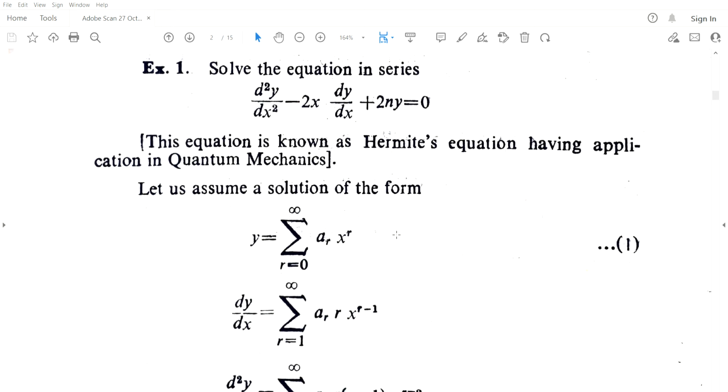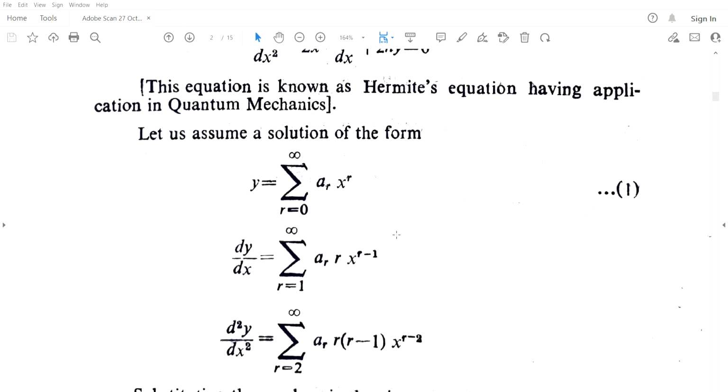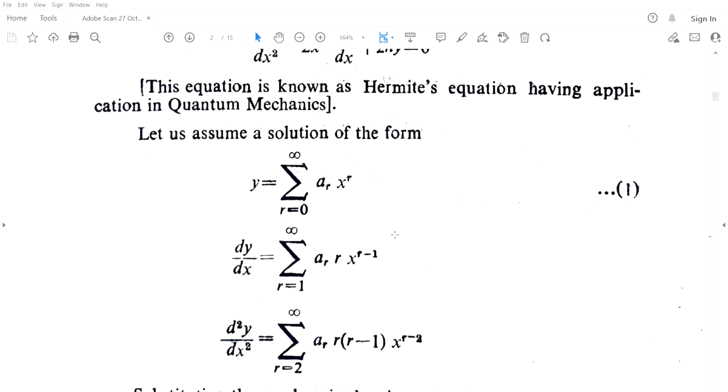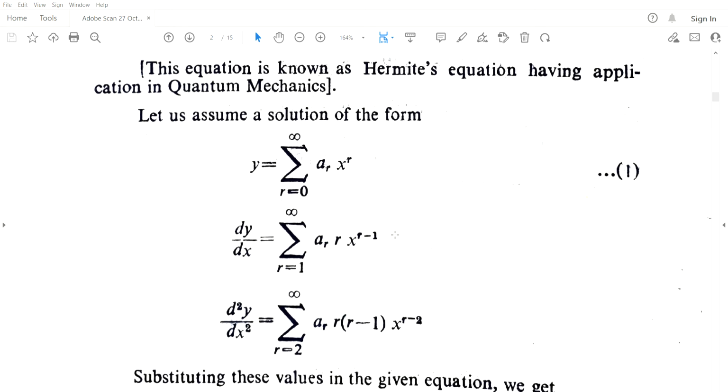Now see that if x is equal to 0, the coefficient of the highest order operator is 1. That is non-zero. Therefore, we see that x is equal to 0 is an ordinary point. Then the solution will be y is equal to summation ar x to the power r, r is equal to 0 to infinity, 0, 1, 2, etc., positive integers.